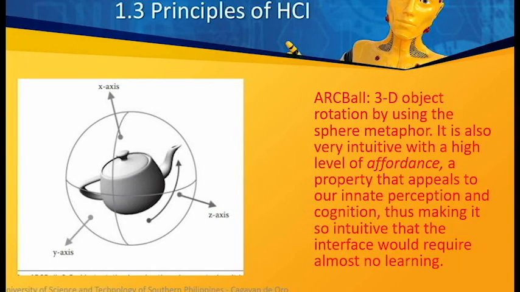You are using another symbol or another object to rotate the ARC ball. So that's the principle of naturalness. It uses the metaphoric method in order to rotate the object.